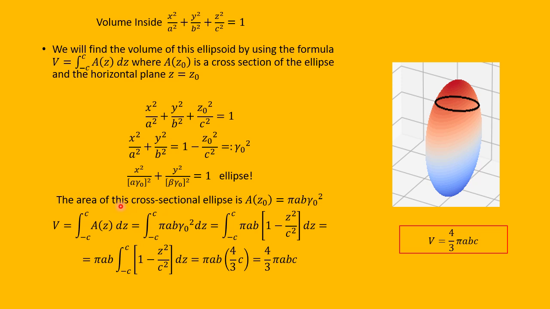If a and b are equal and less than c, we have what is called a prolate ellipsoid. And if all of a, b, and c are equal, then the ellipsoid turns out to be a sphere. So we can see that ellipsoids are a generalization of spheres, but in this case, they can be stretched or contracted along various directions.